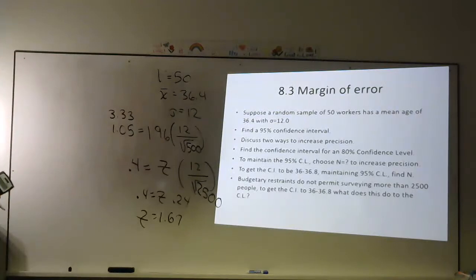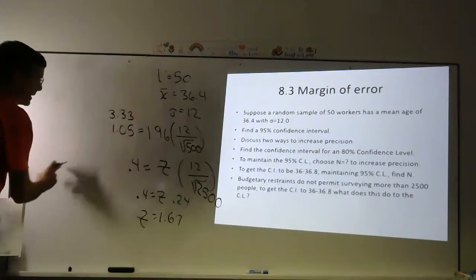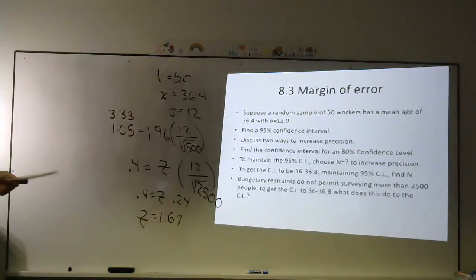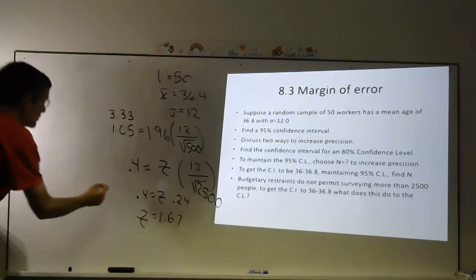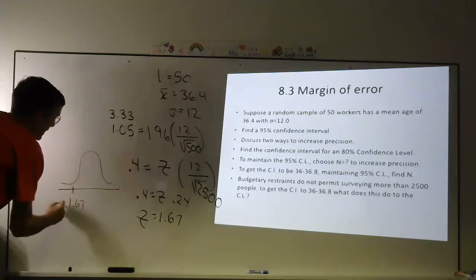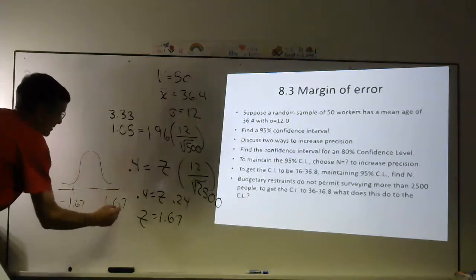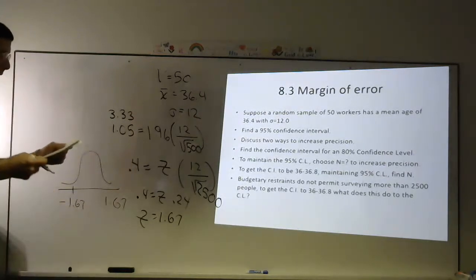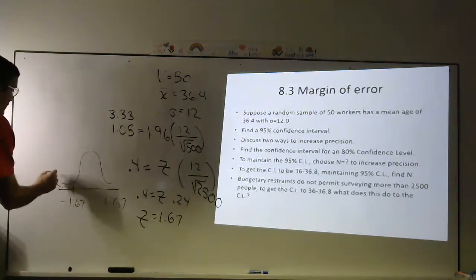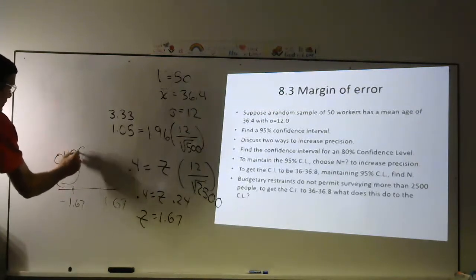Now, if Z is going to be 1.67 on the right and negative 1.67 on the left, what is my confidence level? So you see what I've got, folks? I've got a negative 1.67 here and a 1.67 there. So let's find the area below. So look up negative 1.67, it is 0.0475.